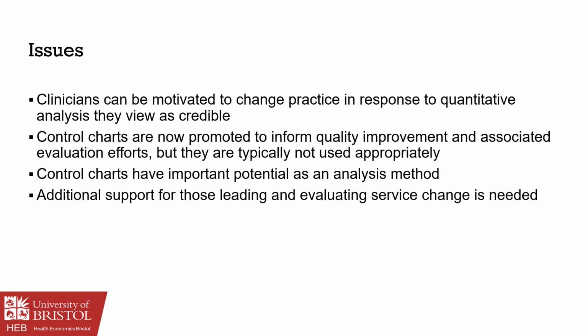So, to summarise the issues, clinicians can be motivated to change practice in response to quantitative analysis they view as credible, and research shows this does not include use of run charts. Control charts are now promoted quite widely, but in my experience, they're typically not used appropriately, and as I've highlighted, this includes selection of the correct chart for the type of data.